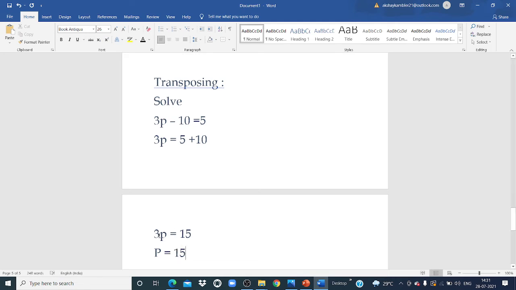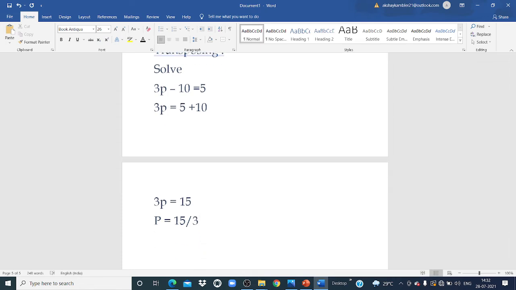This 3 on the LHS side is in multiplication. So when it is transferred to the RHS, it goes to division. So p is equal to 15 divided by 3. The answer is what? Yes, my dear students. Very good. The answer is 5.